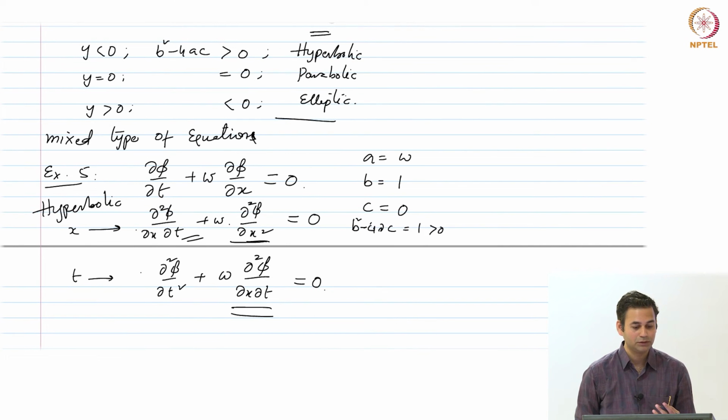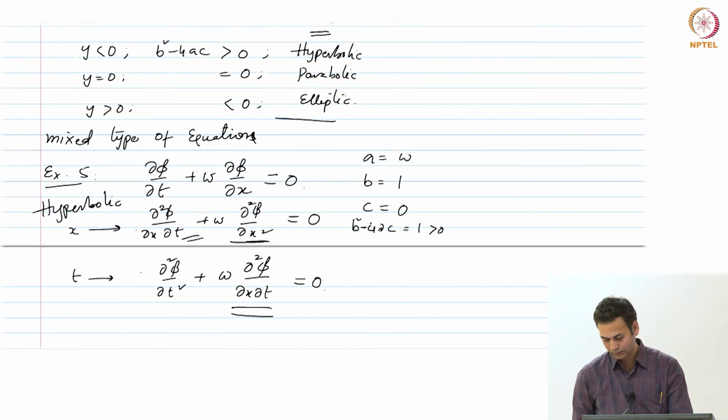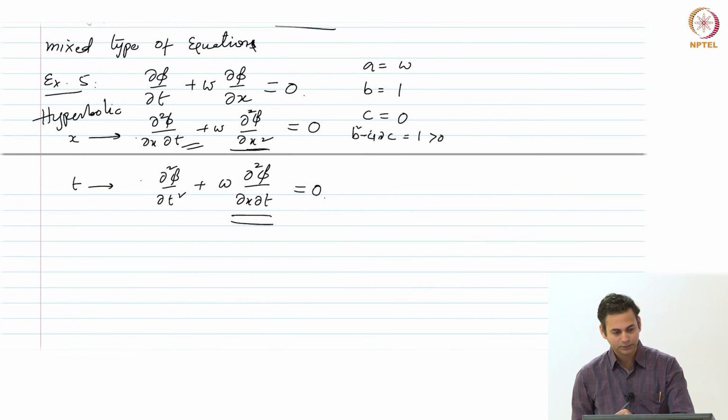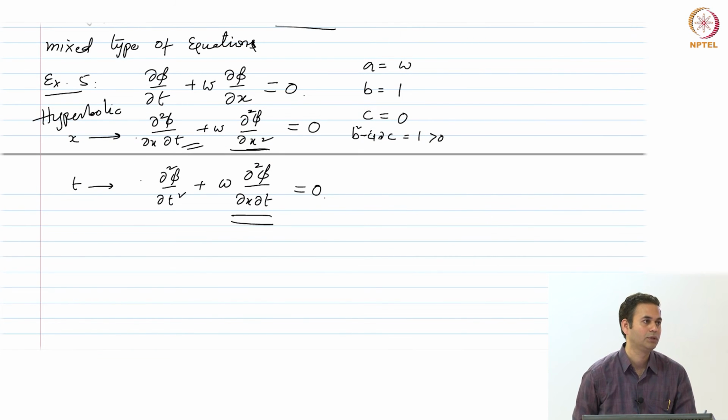Other questions? I am expecting a lot of questions here. If you do not have questions, I will ask your questions and answer them. Yes. Along the characteristic lines, yes. There will be two characteristics, yes.